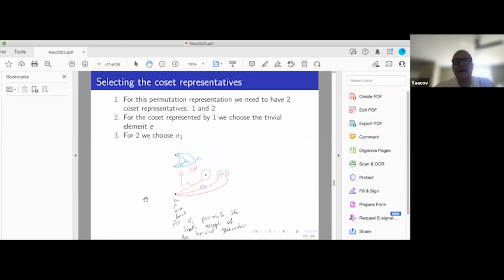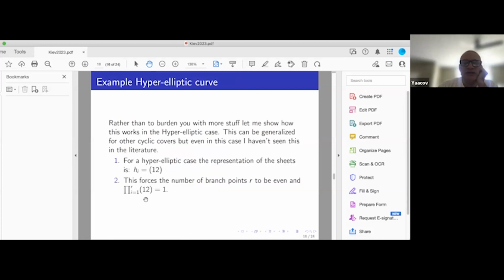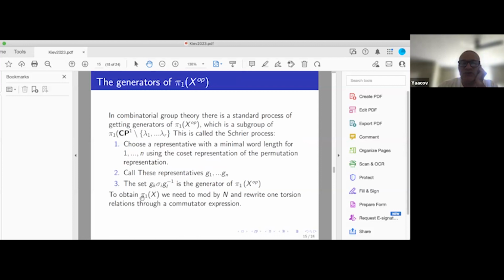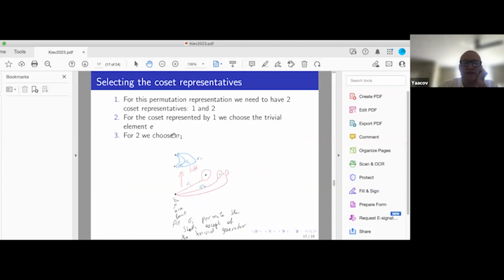Now, for this permutation representation, according to our recipe here, we need two representatives, for the cosets that represent 1 and the cosets that represent 2. For the coset that represents 1, I choose the trivial element E, and for 2, we choose sigma 1. You didn't need to choose sigma 1; you could also choose sigma 2 or sigma 5.